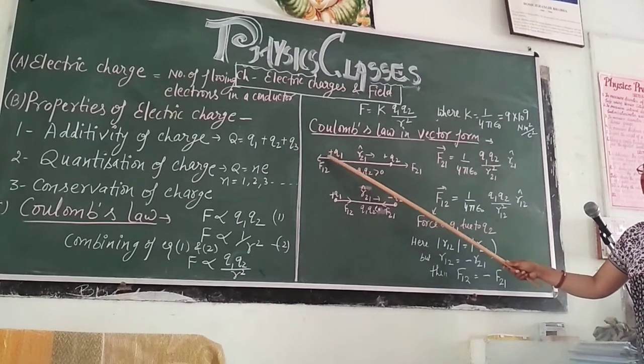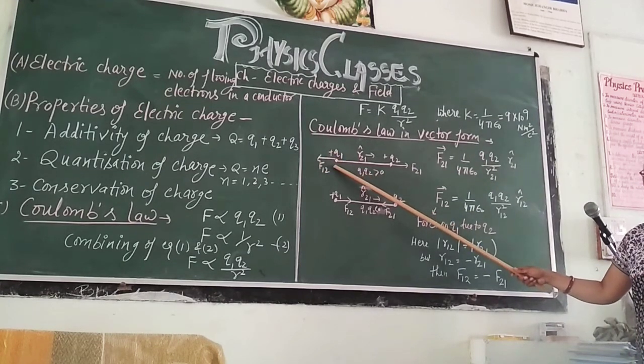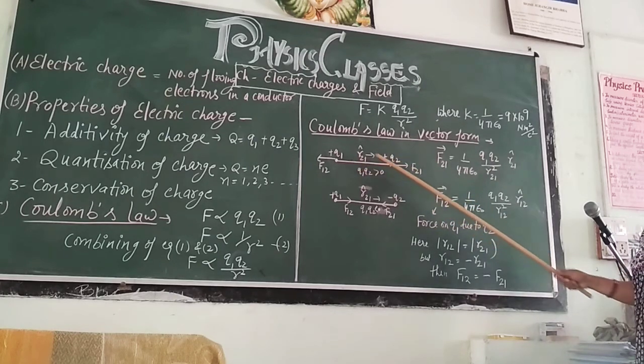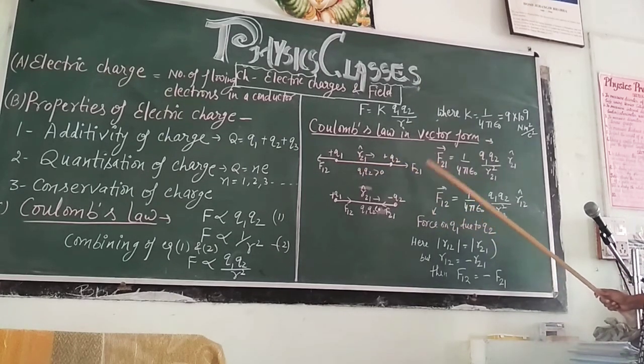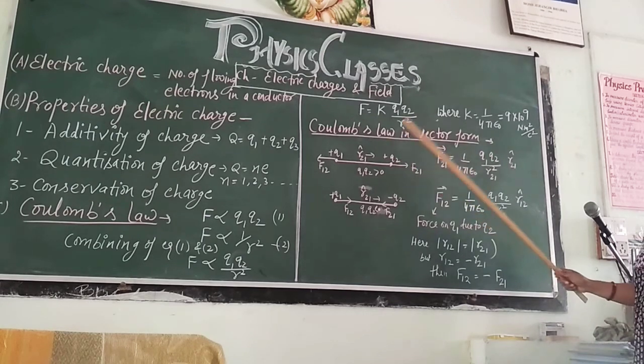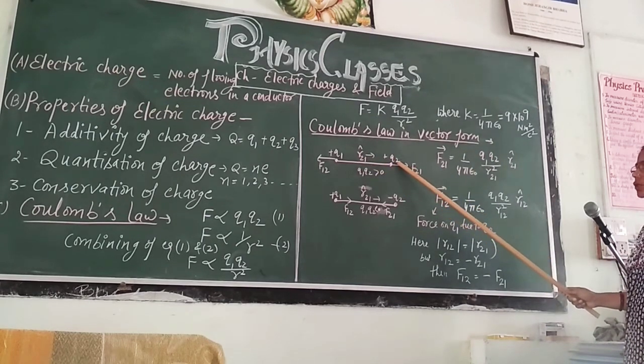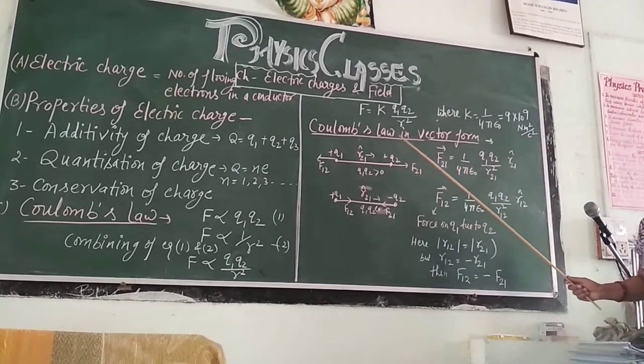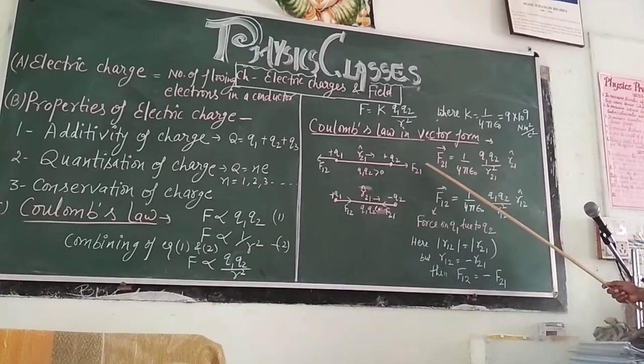This arrow away from q1 shows the repulsive nature. Again, the force on q2 due to q1 is F21. F21 means the force on q2 due to q1. This is also repulsive, therefore away from q2. Means if the forces are away from the charge, then the nature of the force is repulsive. If its direction is towards the charge, then the force is attractive.